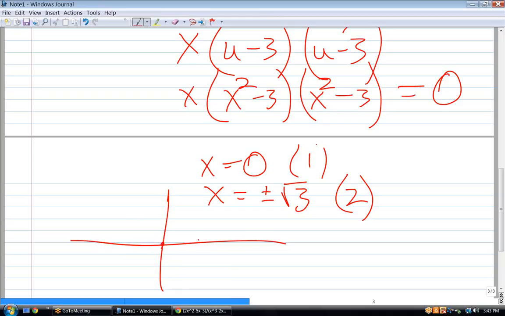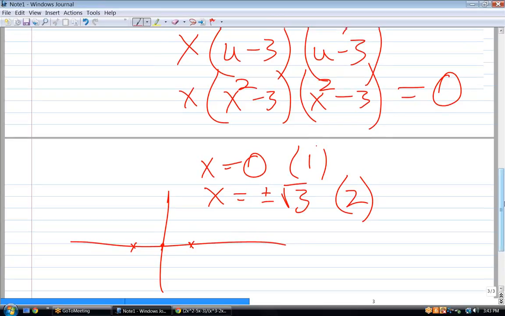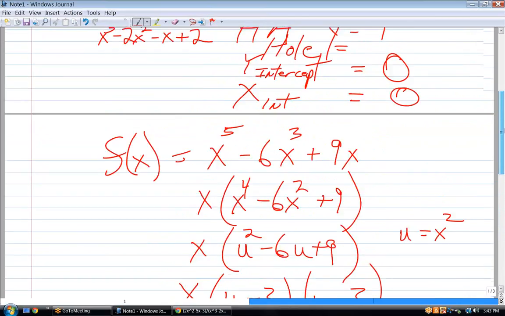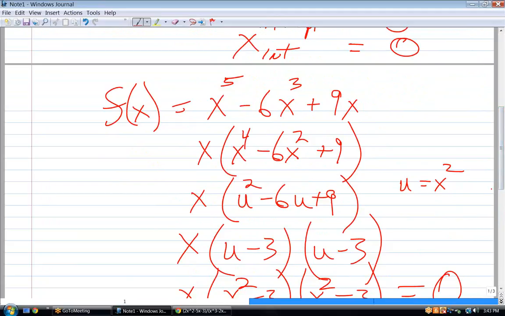It's going to bounce there and there. So really the only thing left to figure out here is, well, it'd be nice to know a y-intercept. What's the y-intercept? Isn't the y-intercept just 0 also? Because that's 0, 0. Yeah.